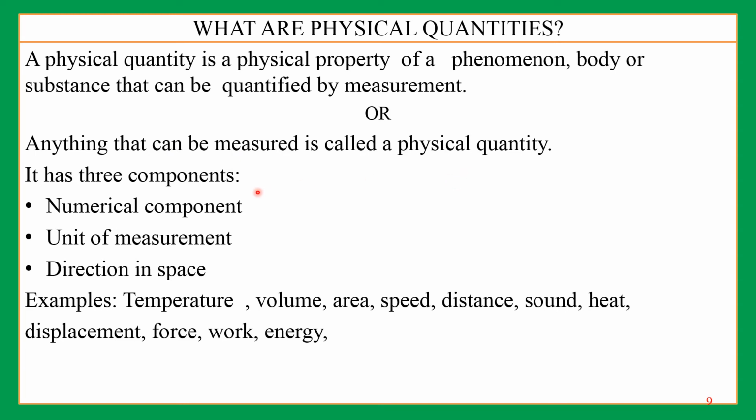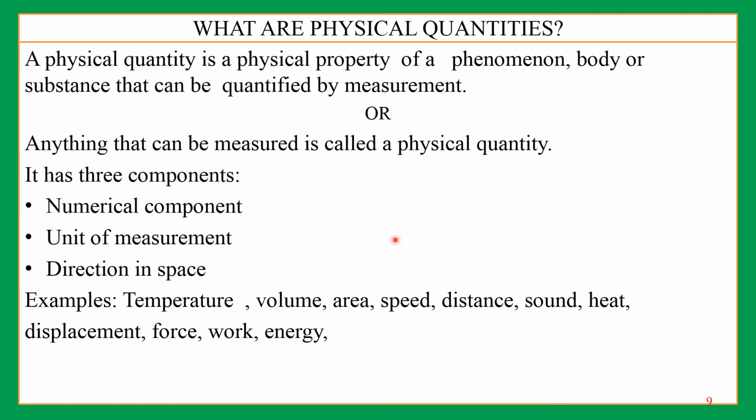A physical quantity has three components: a numerical component, a unit of measurement, and direction in space. As we say 5 kg sugar, 5 is the numerical component and kg is the unit of measurement. When I say my father is driving a car at 60 km/h in the north direction, direction is involved.